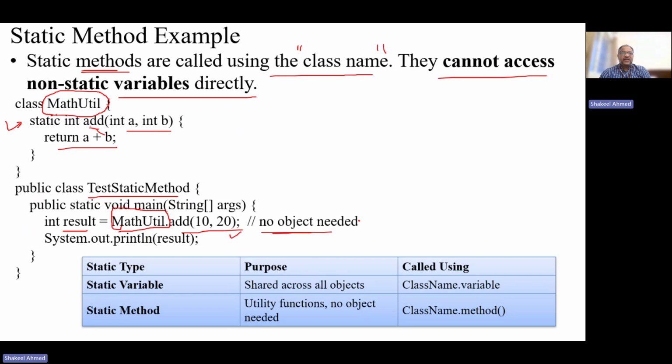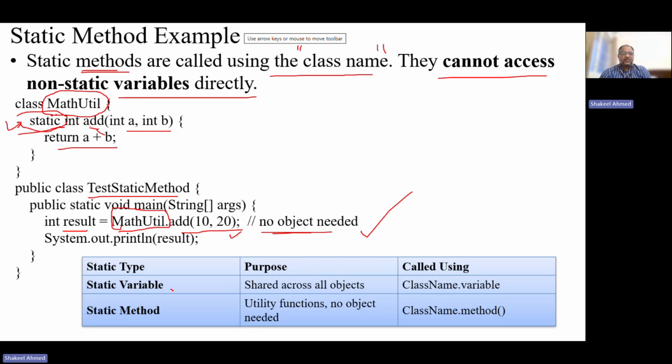No object is needed. If you are having non-static members, we cannot access them directly, but static methods can be accessed. What we generally do is create an object, saying MathUtil m1 equals new MathUtil, and then we call m1.add and so on. But here we are having a static method, so if you want to use it, you can directly call it in that particular order.